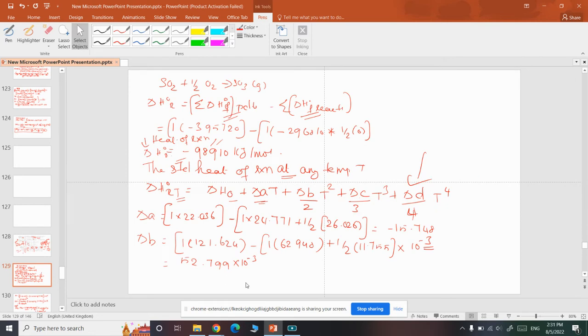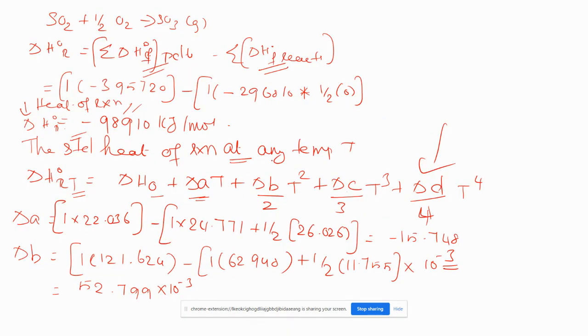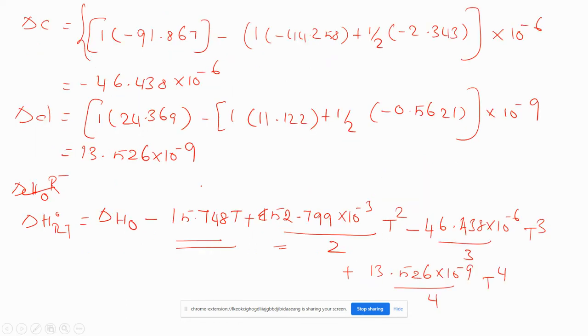Once that is done, after finding del A, del B, del C, del D and all, you can substitute in the equation, and you will be getting an equation in the form of del H0 RT is equal to del H0 minus. Now, we have to take the temperature as standard condition, that is 298 Kelvin.